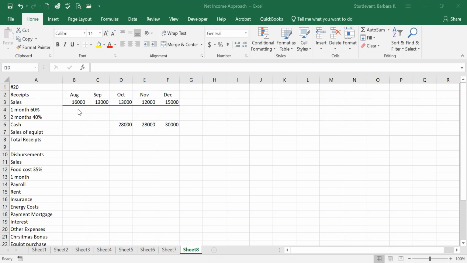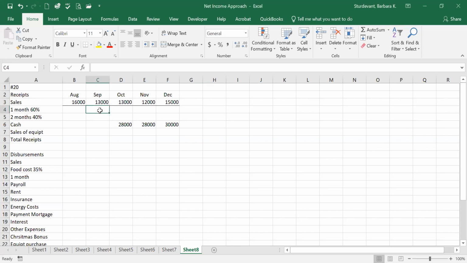And so the way this one was, we collected 60% of those in the month after. And so again, it's all about the diagonal. So you would go to September.